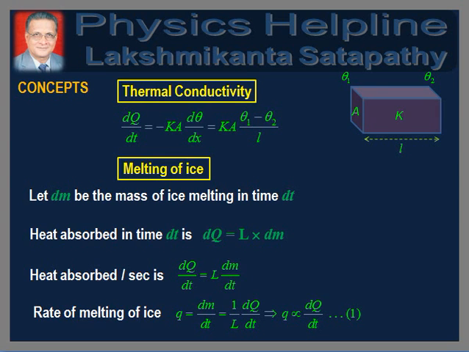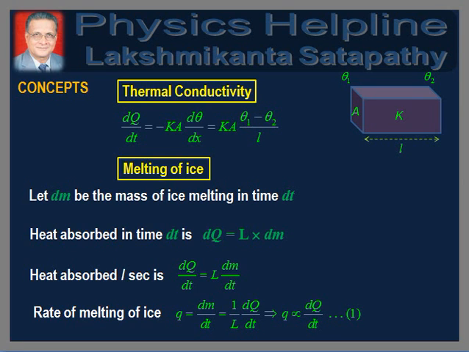Now, let us consider melting of ice. Heat required to melt 1 gram of ice is equal to its latent heat L. Therefore, heat required to melt dm grams of ice is equal to L into dm.